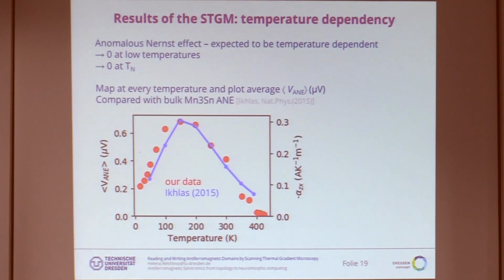And when we compare our data with the bulk, with the data from ICLAS, we were ourselves surprised how similar the temperature evolution of the Nernst coefficient is for the thin film and the bulk. So although the anisotropy seems to depend very much on small variations of stoichiometry of our Mn3Sn thin films, some of the key features, like the temperature dependence, seem to hold for both the thin films and the bulk.